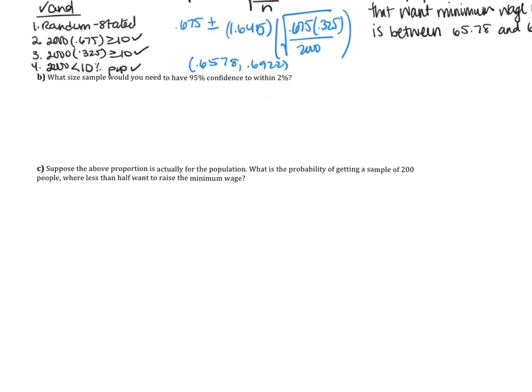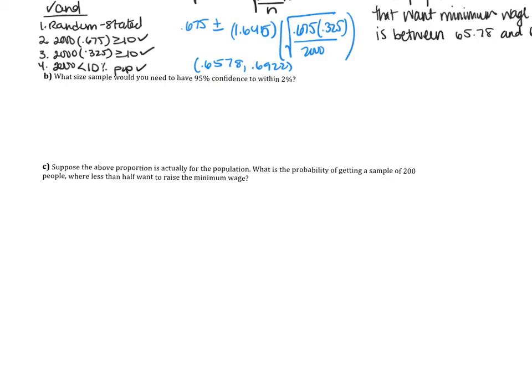What size sample would you need to have 95% confidence to within 2%? Okay, remember your formula. B equals z star times the standard deviation. All right, your z star, we want 95% confidence. You could have already calculated this or had this memorized.